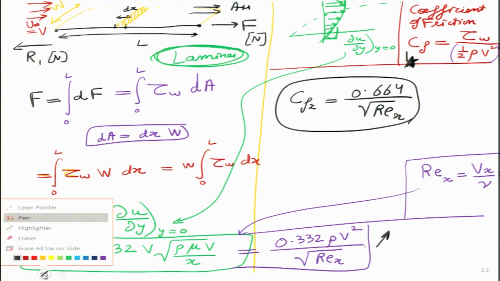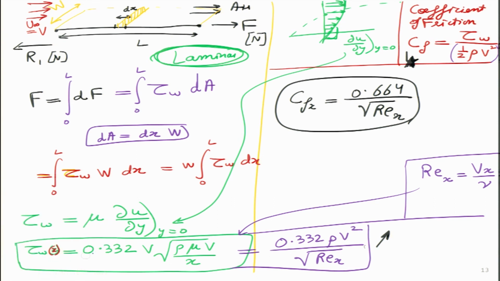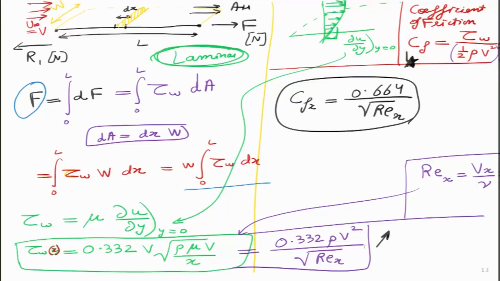Now, what we want to do is go back and figure out the value of F, because on this particular slide 13, whatever we are doing, all these details, ultimately we want to calculate the capital F, which means now I can plug in over here the value of tau w. Let me do that and do that integration, and then let us see what we get.